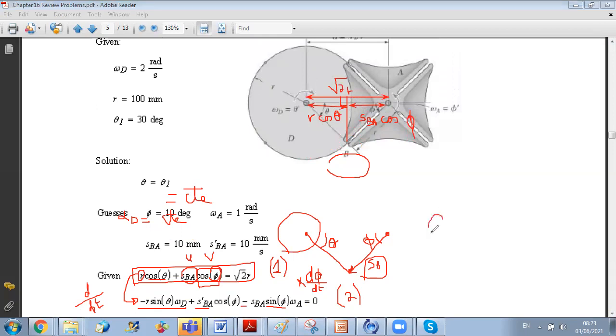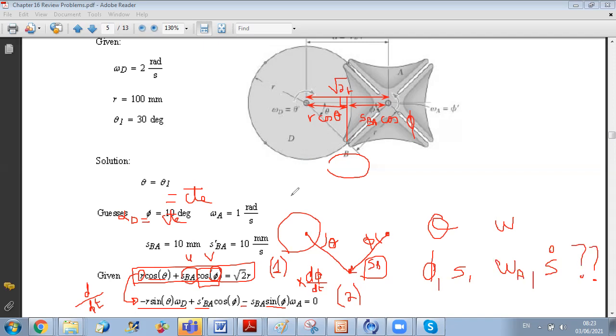So if our inputs are theta and omega, knowing theta and omega, we should be able to determine what is phi, what is S, what is phi dot, so what is omega A if you want, and what is S dot. We have four unknowns. Okay, we have already written just two relations, so we need other two relations to close the system.